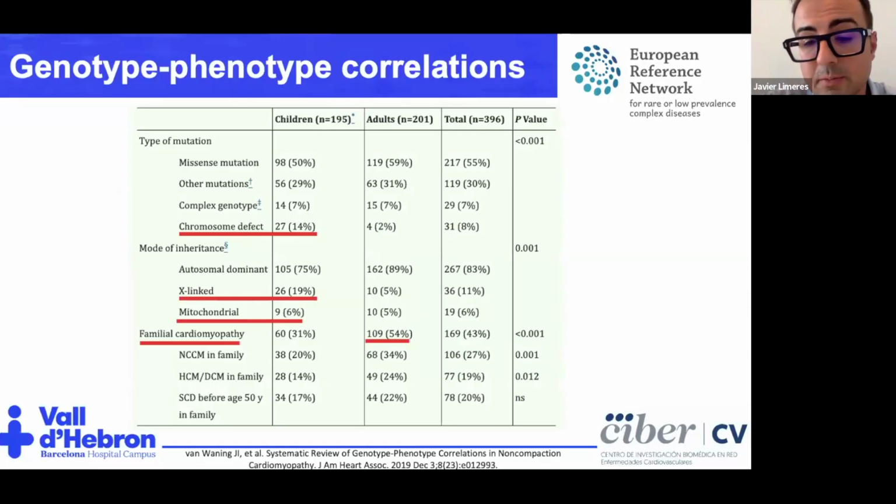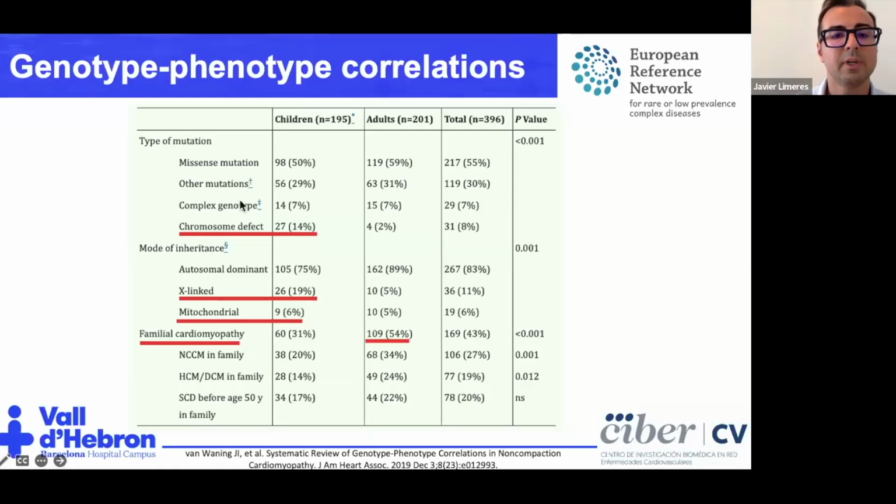The other important point is the association between the different variants and the different genes with the development of a more aggressive or minor disease. This is difficult in excessive trabeculation, because it's difficult to diagnose the patient as healthy or with a disease. But we have some correlation.